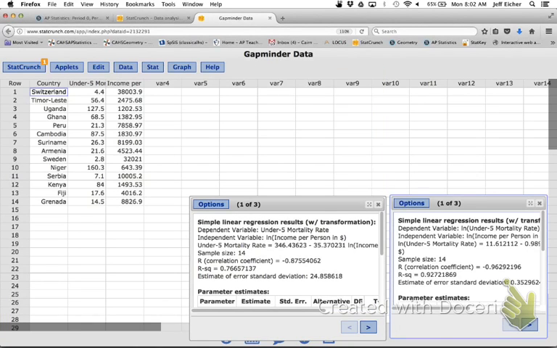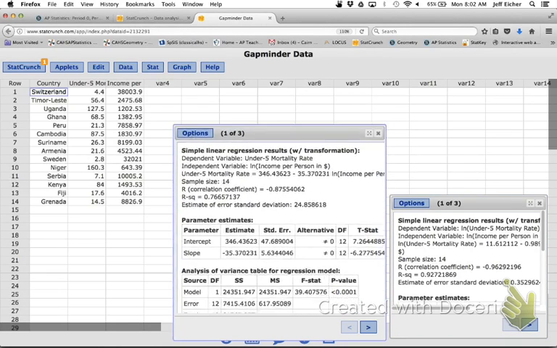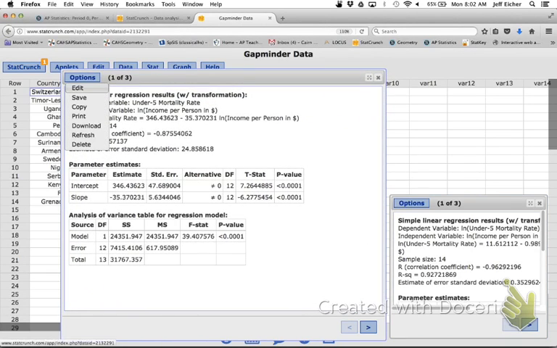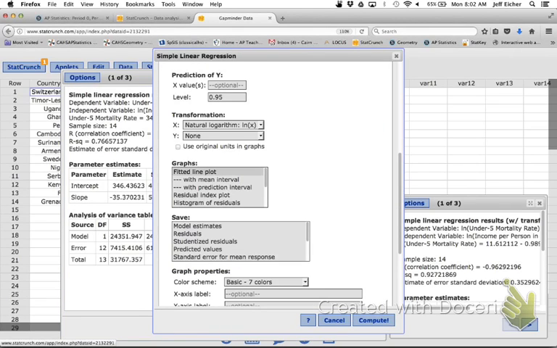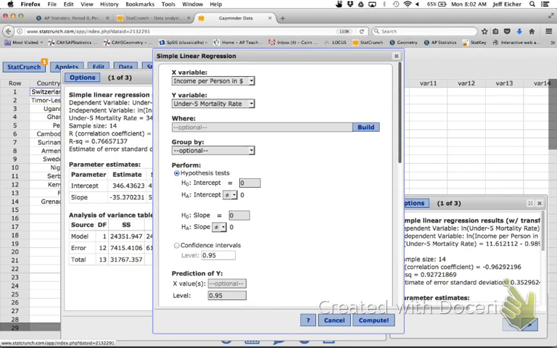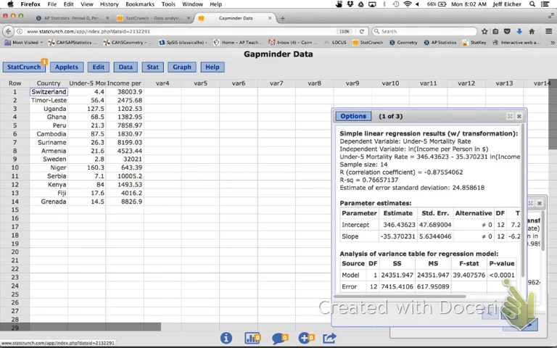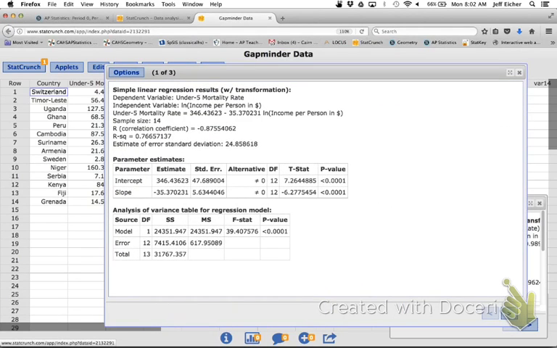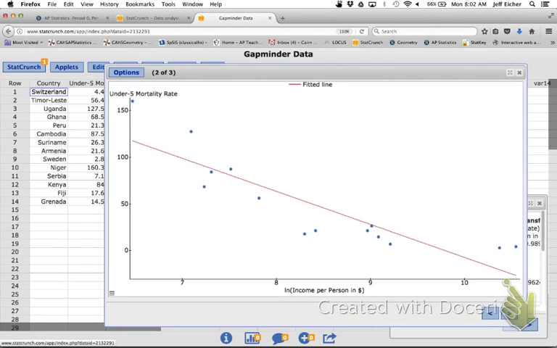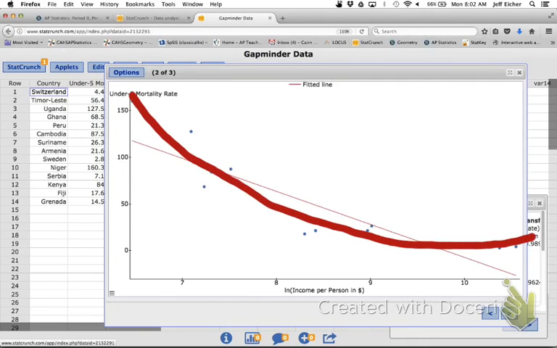What I had you do was try to transform one of the variables. Try to transform the x variable, a transformation of the x to be a natural logarithm, and let's see what that does. You can see our R squared is higher now, 0.76, but when you consider the graph, there is this slight curve: it starts up here, goes down here, and then tapers off over there.